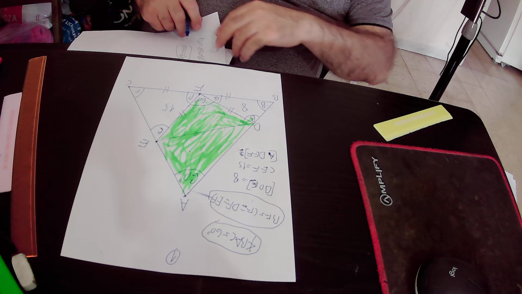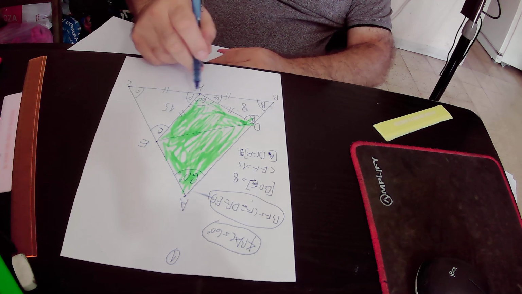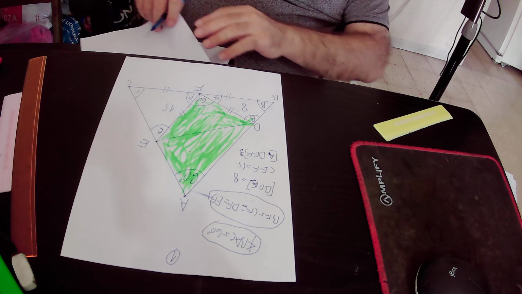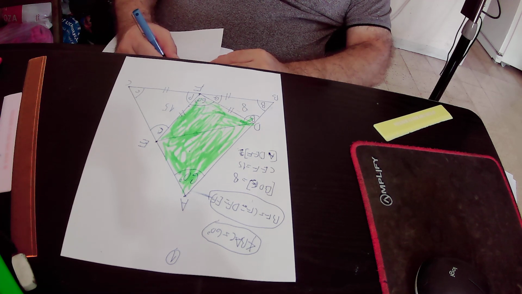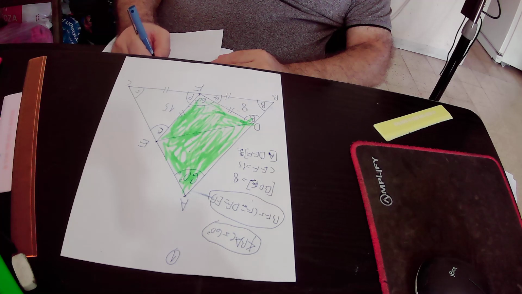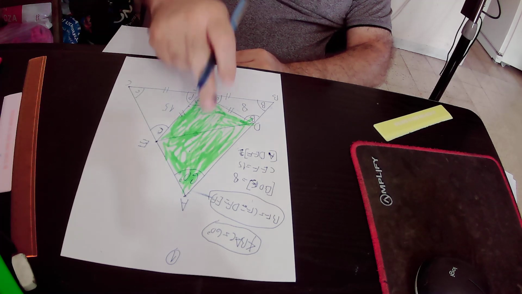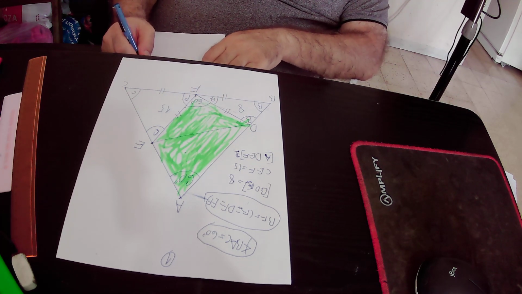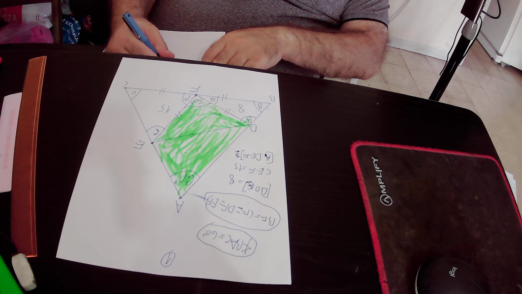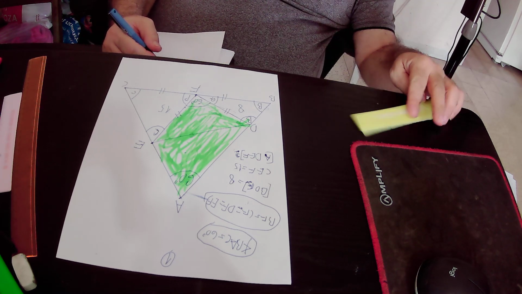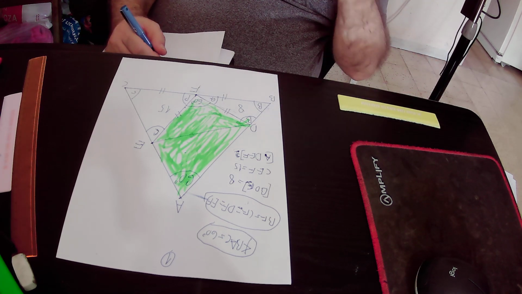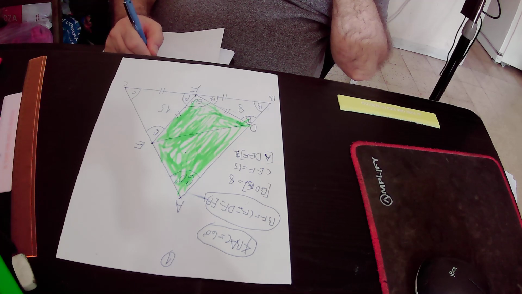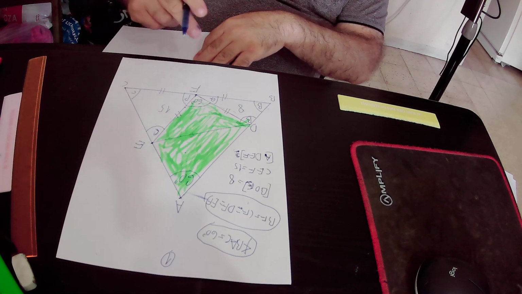In the next step, we will focus on triangle DFE, this green triangle. We know that side DF of triangle DFE equals side EF.